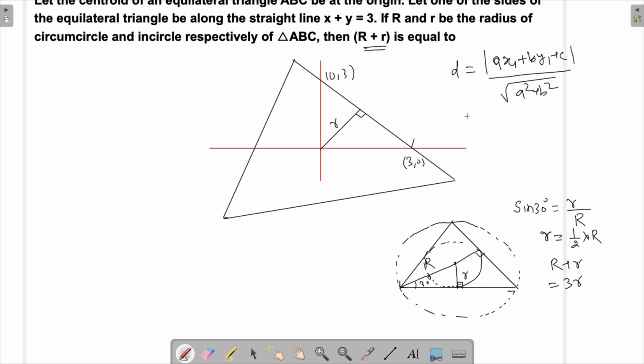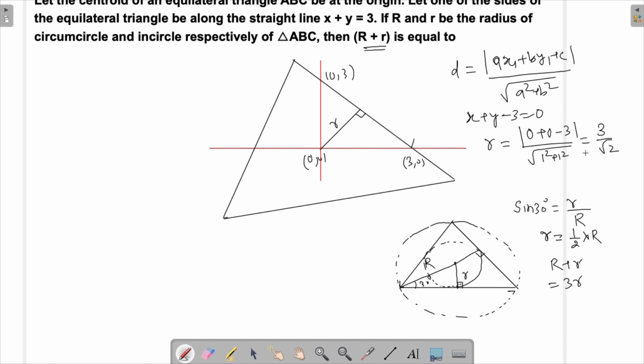So in this case, my equation is simply x plus y equals 3, and this point is (0, 0). So my r is going to be equal to 0 plus 0 minus 3 upon the square root of 1 square plus 1 square, right? So I could say that this is nothing but 3 upon square root of 2.